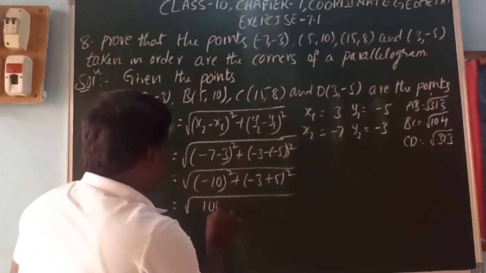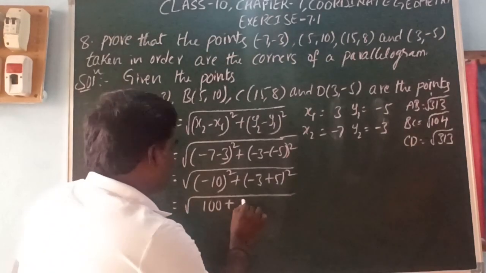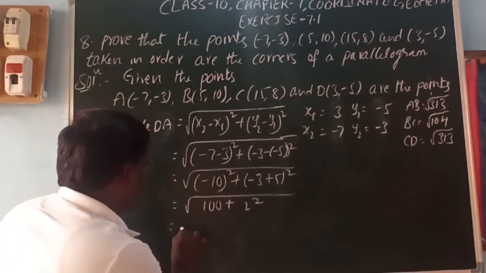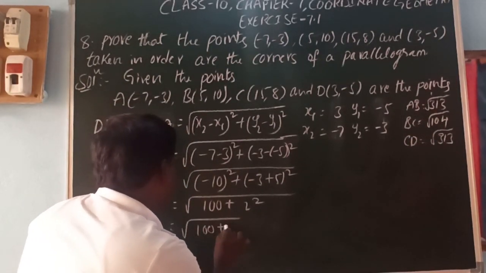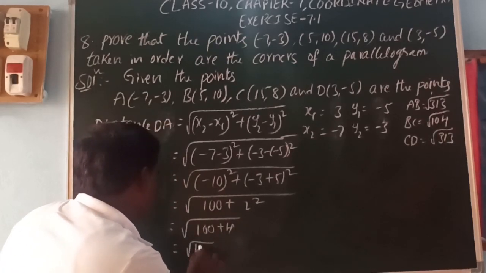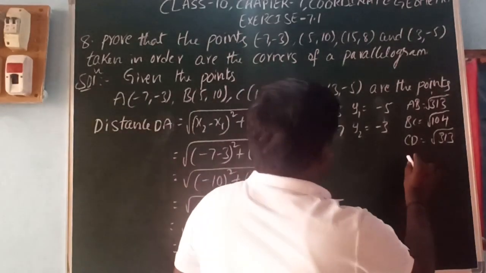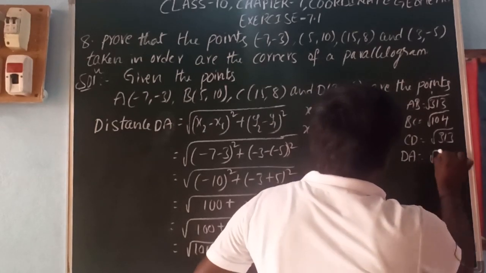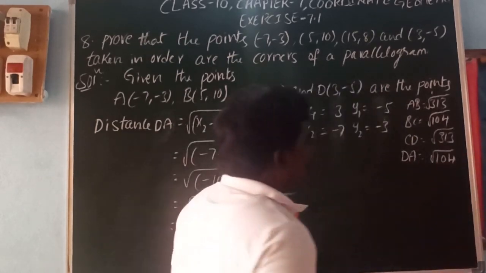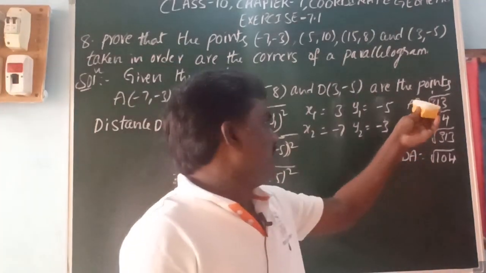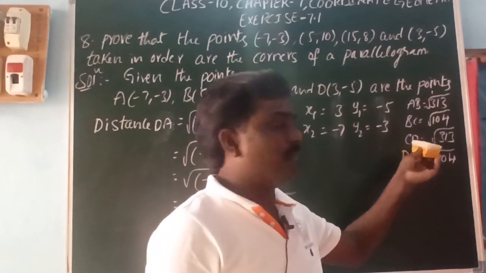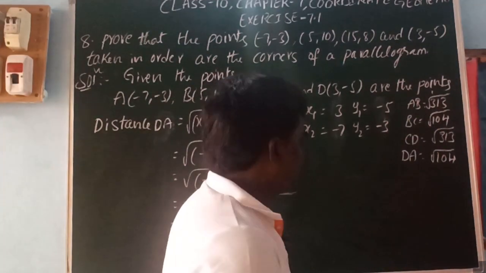That is (-10) whole square, 100, plus (-3 plus 5), 2 square, 4. So the square root of 100 plus 4, that is the square root of 104. So the distance DA is square root of 104. So here opposite sides are equal. AB length and CD length are the same. Next, BC length and DA length are the same.